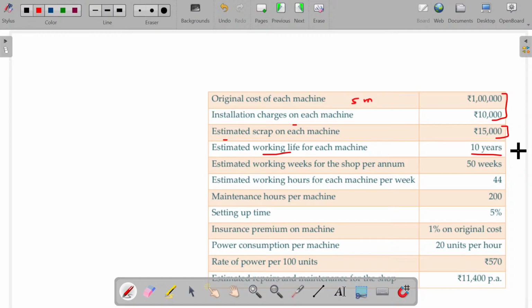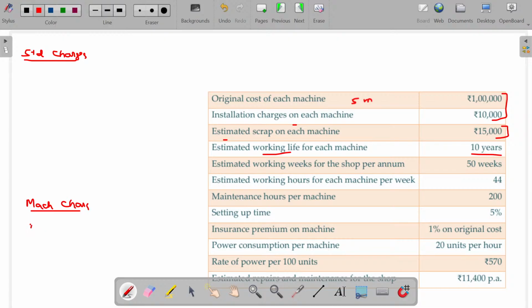Now we can calculate the cost per year. Standing charges and machine charges. Depreciation, repairs, power, fuel, all these things are machine charges.